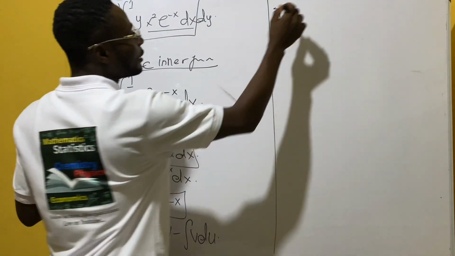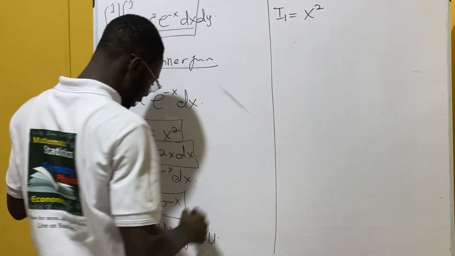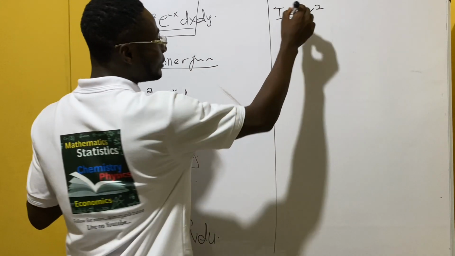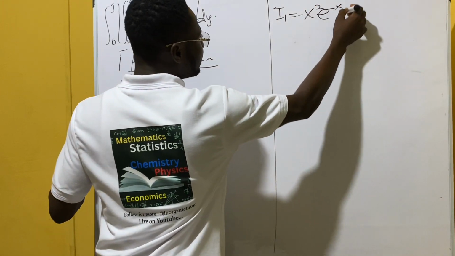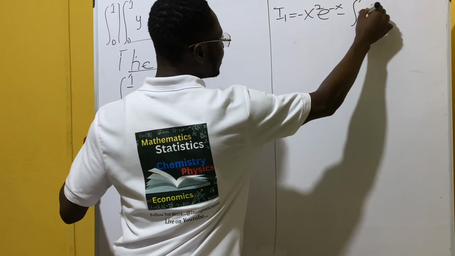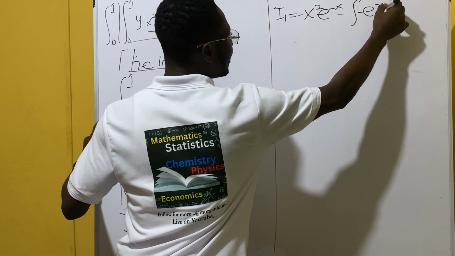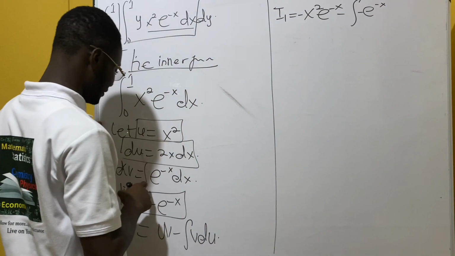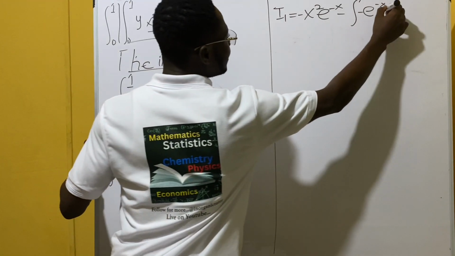We have all the parameters: u is x squared, and v is negative e power negative x, minus the integral of v, which is negative e power negative x, times du, which is 2x dx.